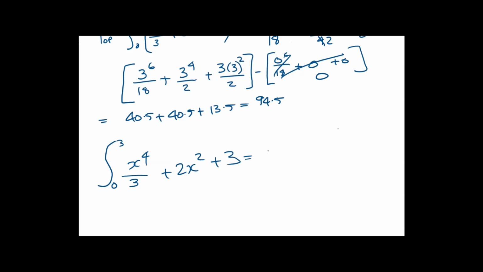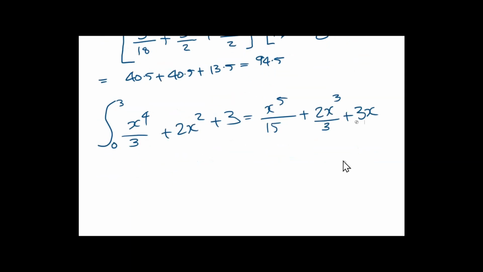It gives x to the power of 5 divided by 5, but there's already a 3 there, so divided by 15, plus 2x cubed over 3 plus 3x, and we can ignore the constant because it's a definite integral.